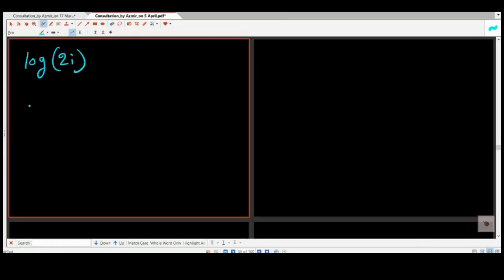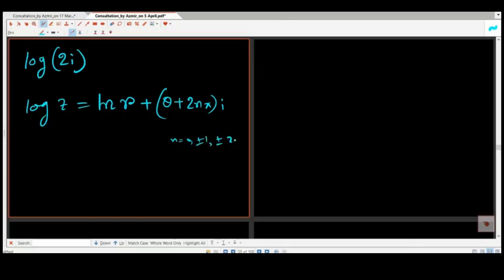We know that log of z equals natural log of r plus principal argument plus 2n pi i, where n is 0, plus minus 1, plus minus 2, up to infinity. Here z equals 2i.